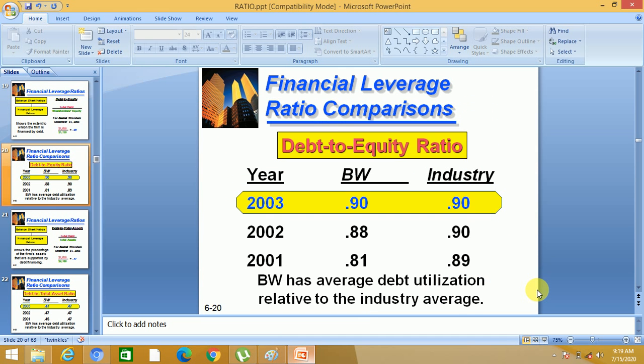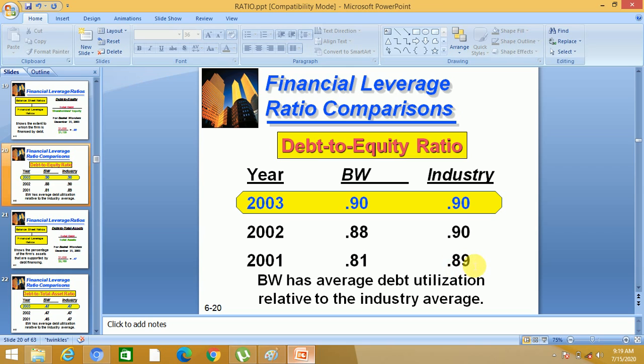So see the comparison. In 2001 it was 0.81. In 2002 it is 0.88, meaning our debt is increasing. And in 2003 it is 0.90. So the debt of Basket Wonders has been increasing over the past 3 years.